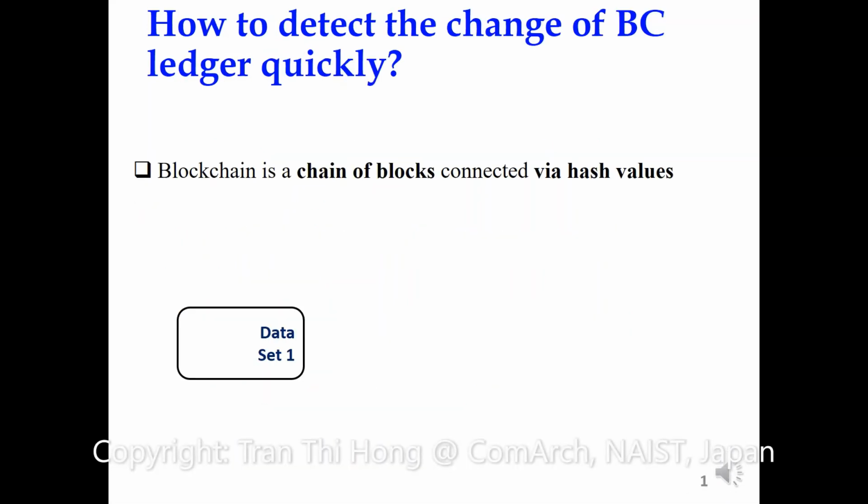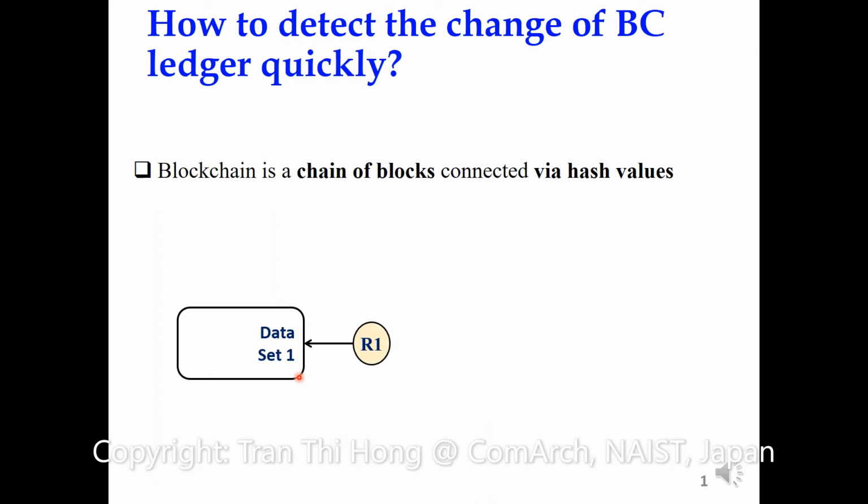The question here is how to detect the change of a blockchain ledger quickly by using the hash function. Remember that blockchain is a chain of blocks connected via hash values. Here we have block 1 that stores dataset 1.